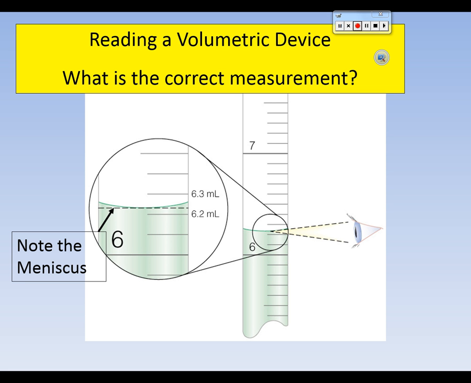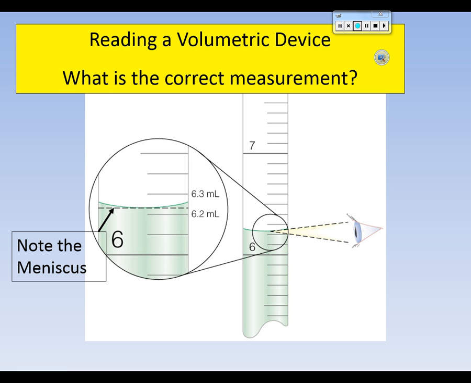Okay. All right, Aaron. You got to your answer of 6.24 because how? Because it's past the 6.2 line and before the 6.3 line. So that gives you your uncertainty. That gives you what part of your measurement?